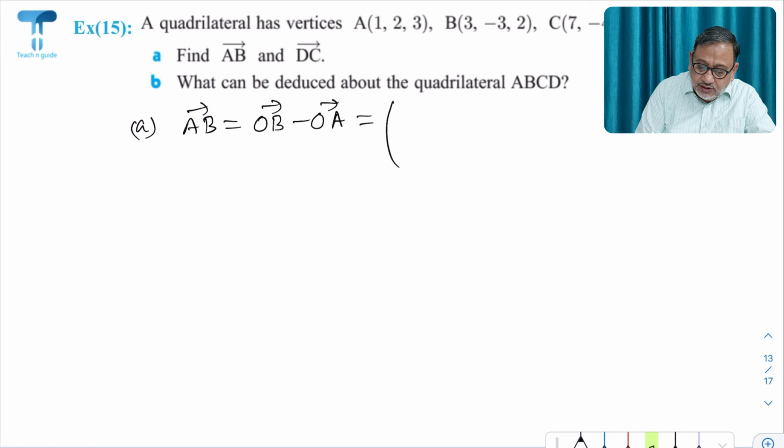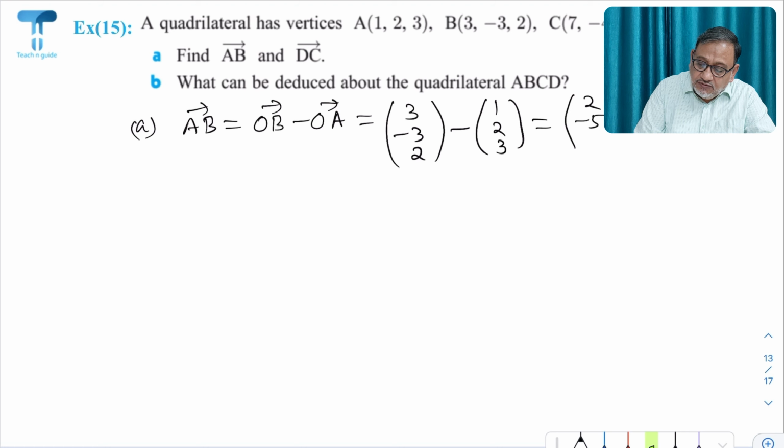So I will write the vector OB in component form. Look here, this is B. So (3, -3, 2) minus OA. So OA is this (1, 2, 3). So this is going to give me, now I will directly simplify, (3 minus 1, -3 minus 2, 2 minus 3).